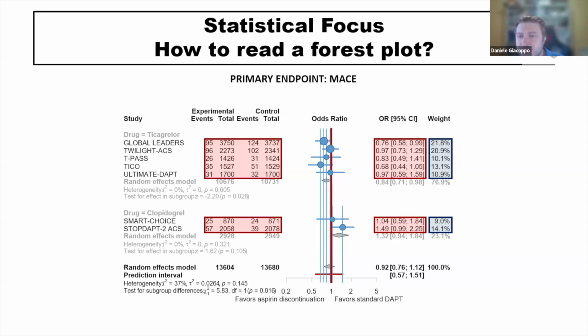For this reason, you don't have p-values in typical forest plots. You don't need it, and you can compute it, and you will see that only the first p-value in this case will be significant, the effect related to GLOBAL LEADERS.